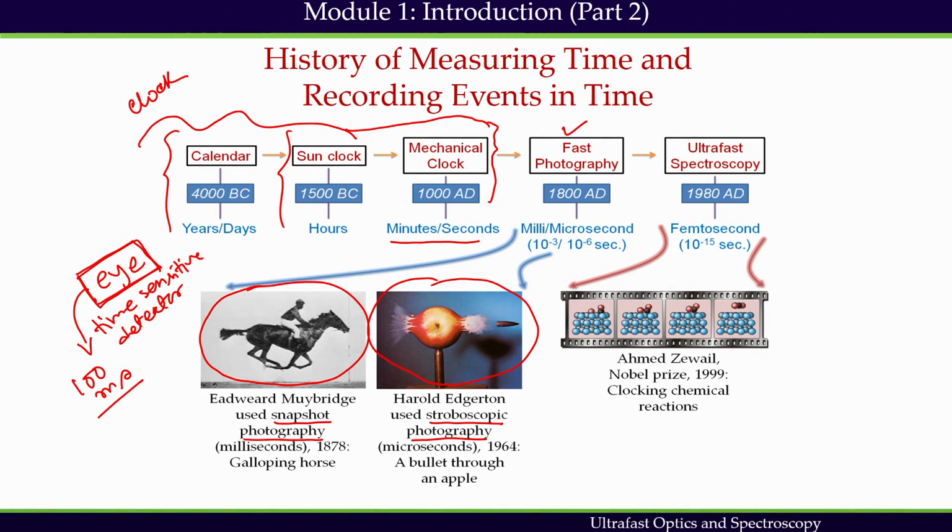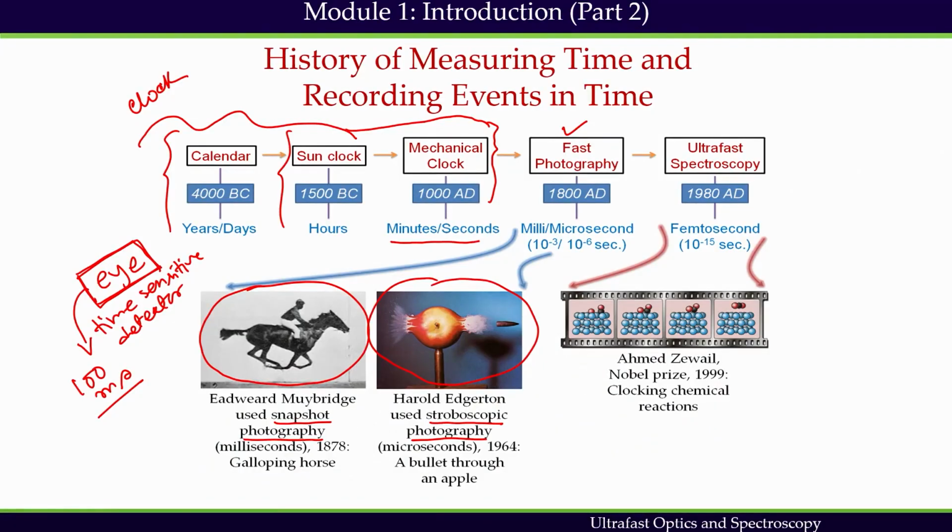In snapshot photography, we have the camera kept inside the dark, and we are separating this dark room from the outside world with the shutter, and we open the shutter, close the shutter. We expose the camera for a very brief time to the event.